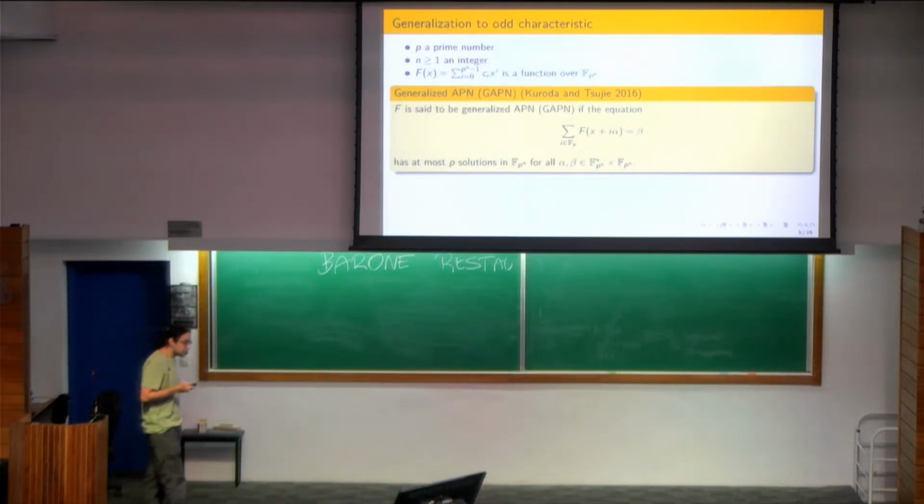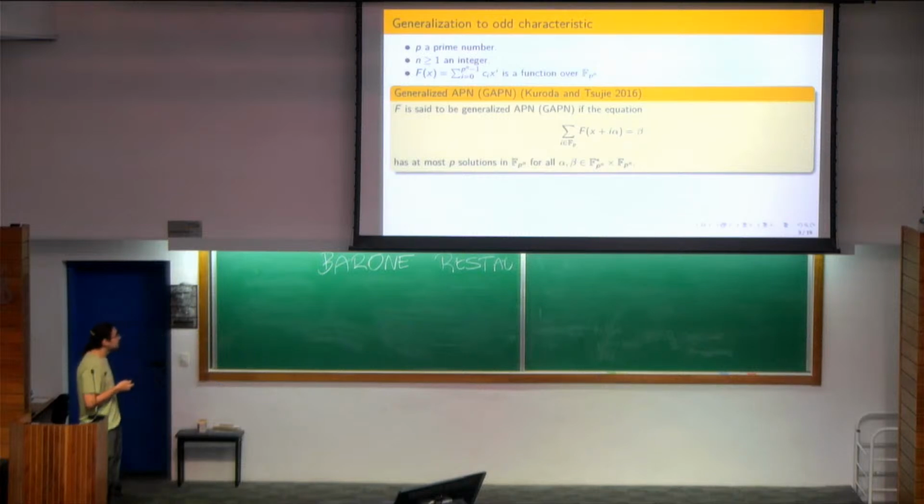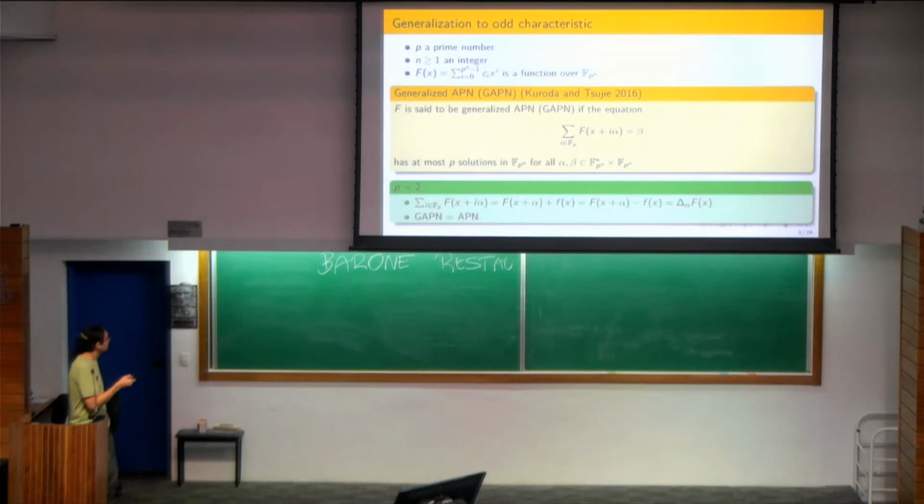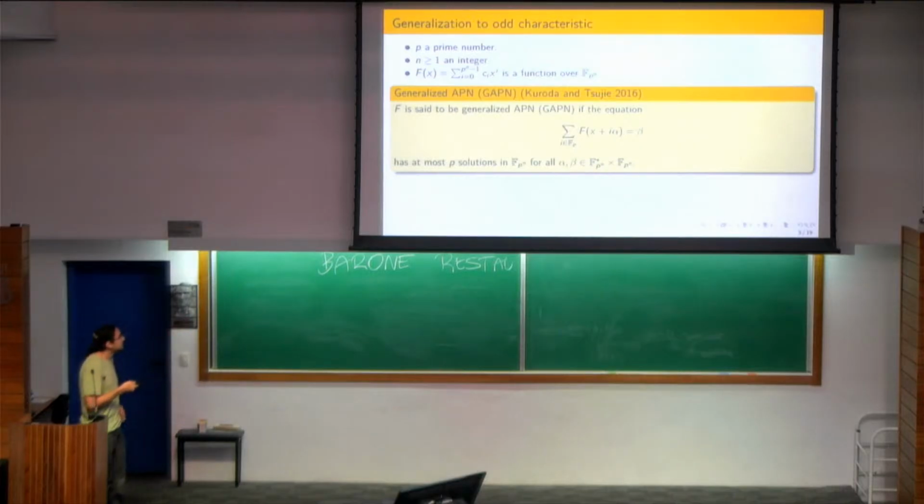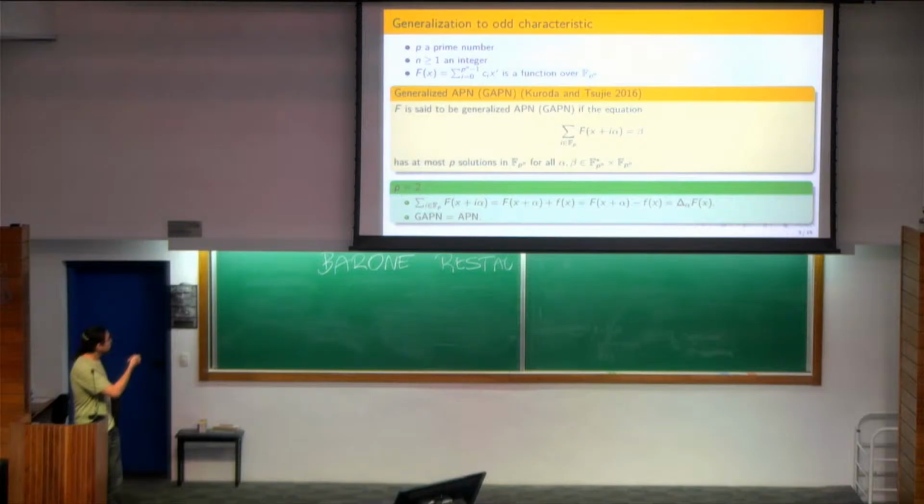In 2021, Özbudak and Salajan noticed that this is actually a generalization of the APN notion. When p is equal to 2, this sum is just the discrete derivative of f in the direction alpha, and the GAPN notion is just the APN notion.